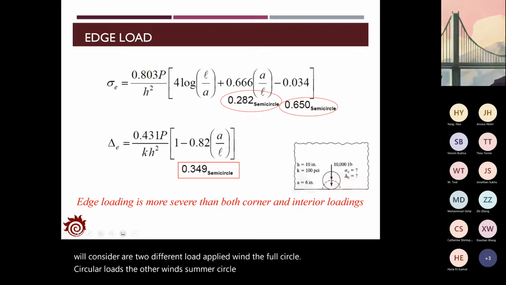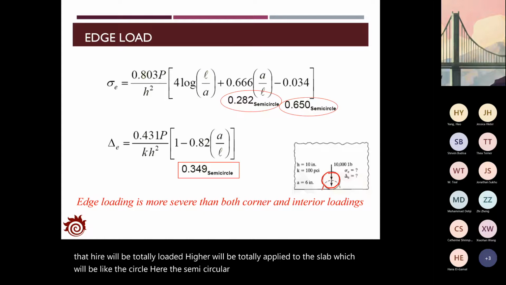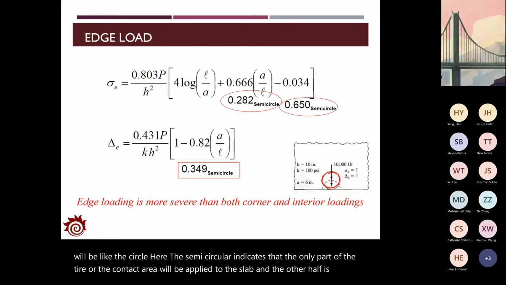The full circular load indicates that the load of the tire will be totally applied to the slab, which will be like the circle here. The semicircular load indicates that only part of the tire or the contact area will be applied to the slab, and the other half is actually outside of the slab.